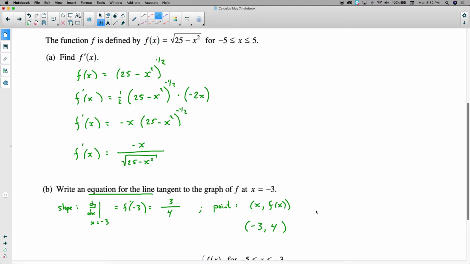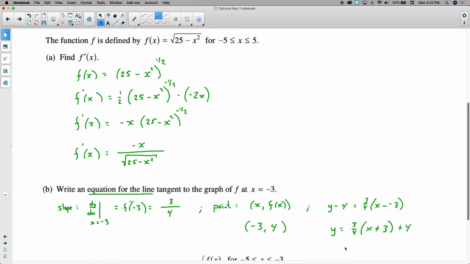So there you go. And putting this all together in point slope form, I've got y minus 4 equals 3/4 times x minus negative 3. And just writing it out nicely, and then I'll stop here. That's 3/4 x plus 3 plus 4.